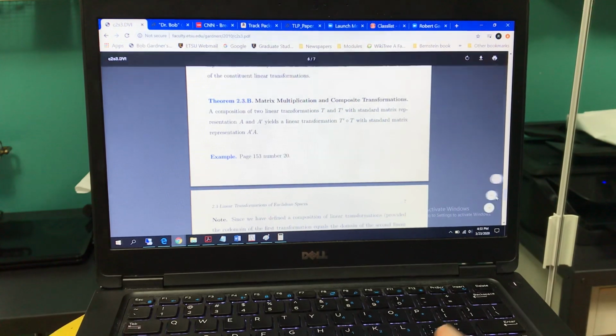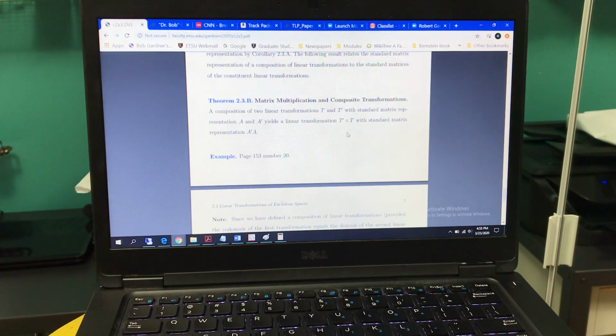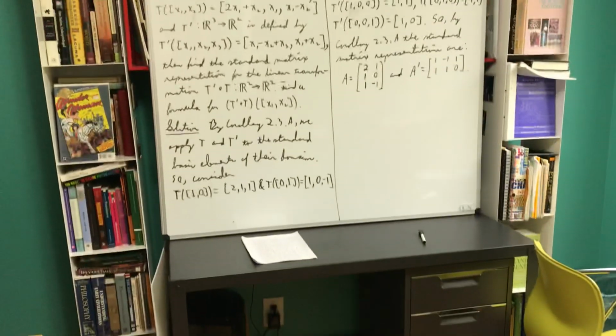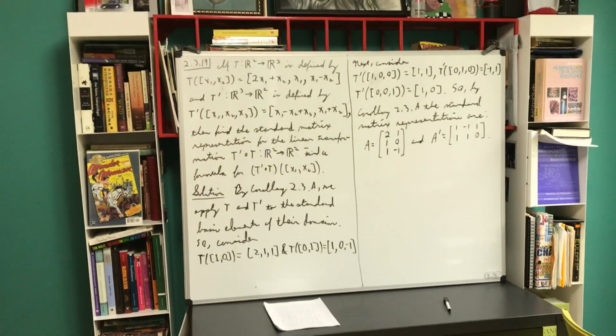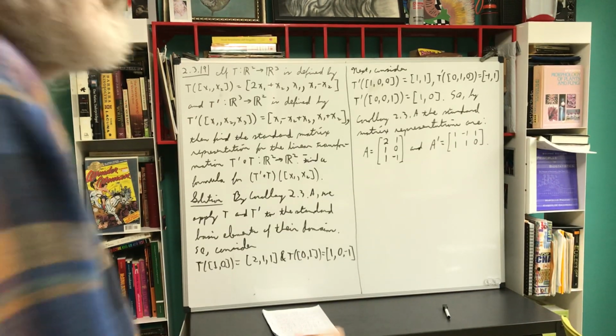Theorem 2.3.b says when composing transformations, multiply standard matrix representations. So this is actually the same order and the same notation in this example. The standard matrix representing the composition will be the matrix product A prime A.